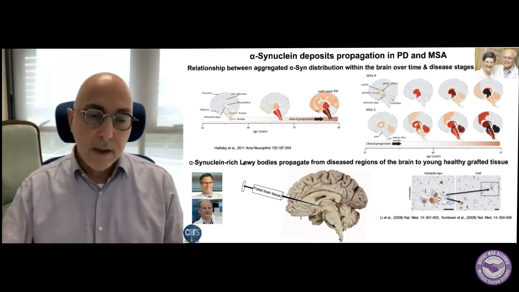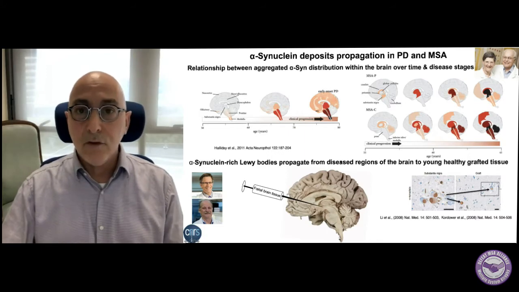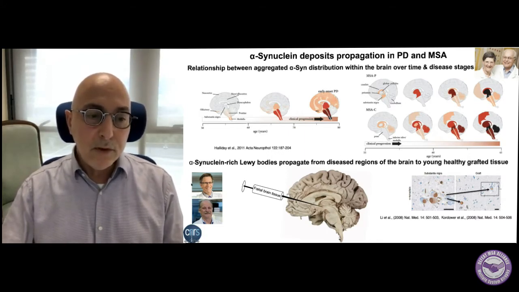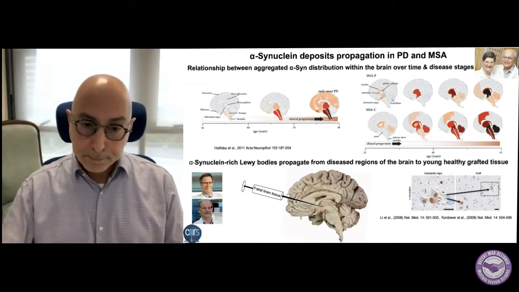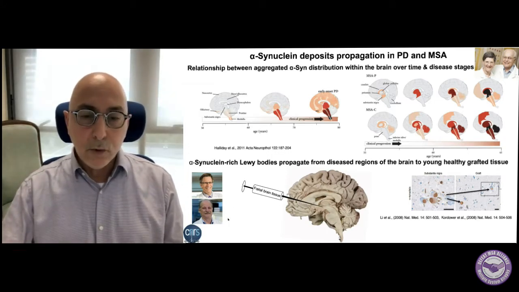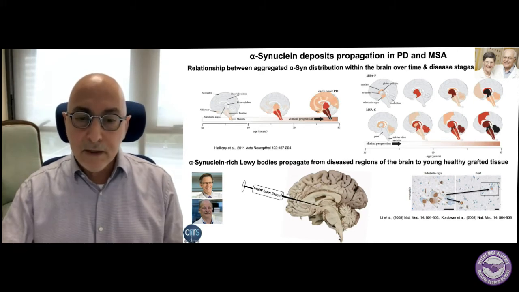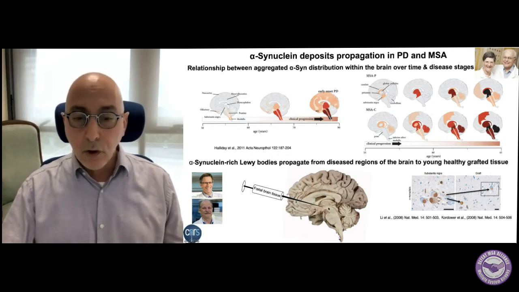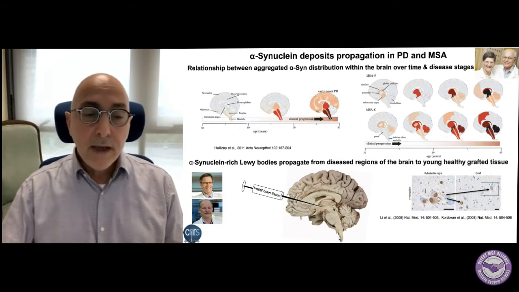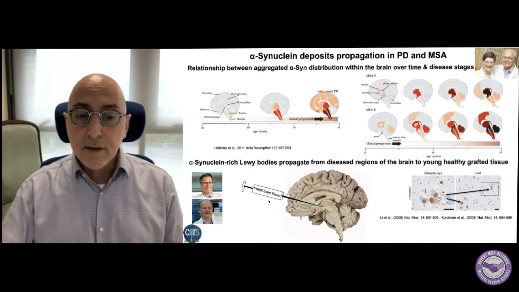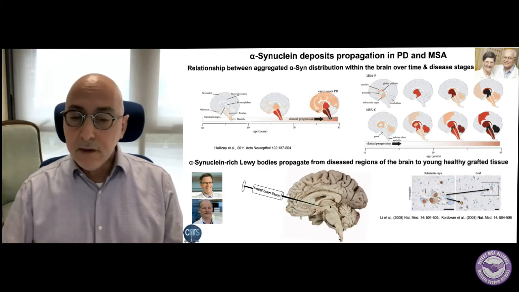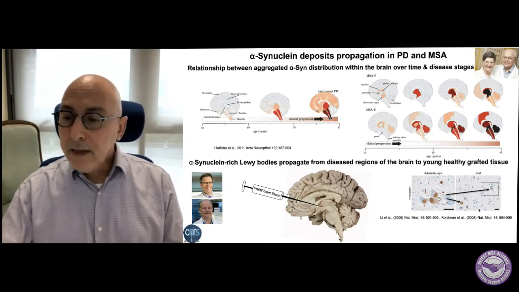The second evidence suggesting that there is propagation came from observations made by Patrick Brundin and Jeff Kordower. What Patrick Brundin and Jeff Kordower observed in the brain of patients suffering from Parkinson's disease who got fetal brain tissue grafts to compensate for the loss of dopaminergic neurons is that the graft, 10 to 15 years after being grafted in the brain of the patient, contained Lewy bodies.